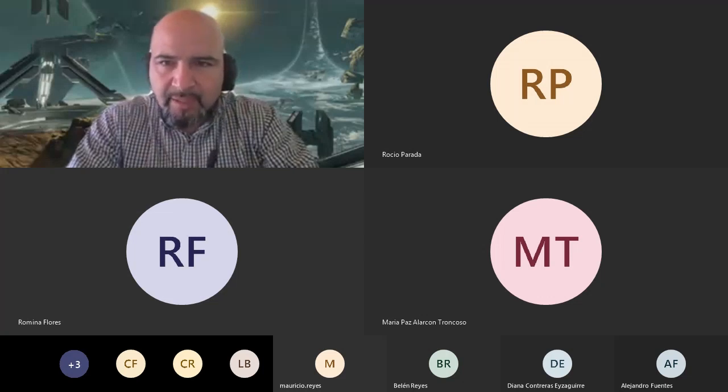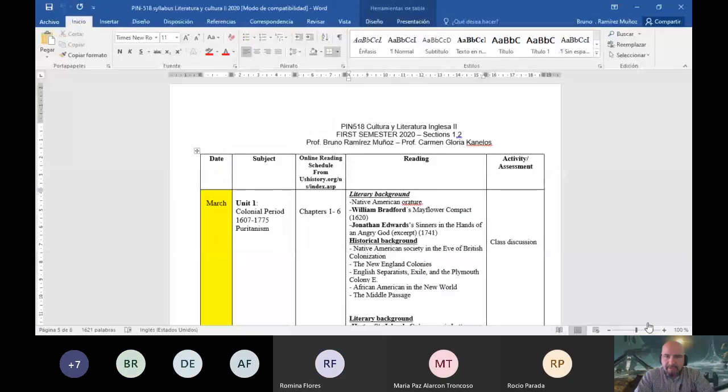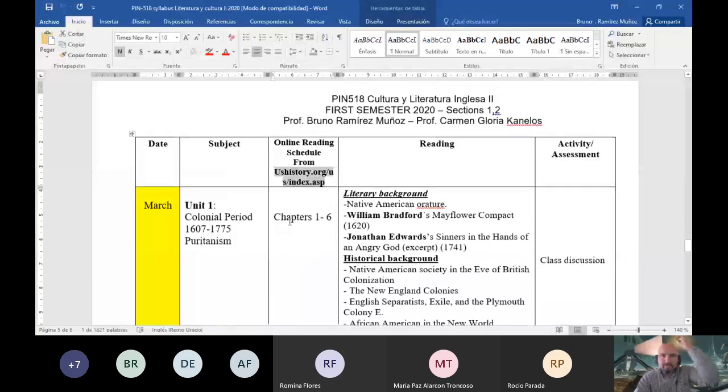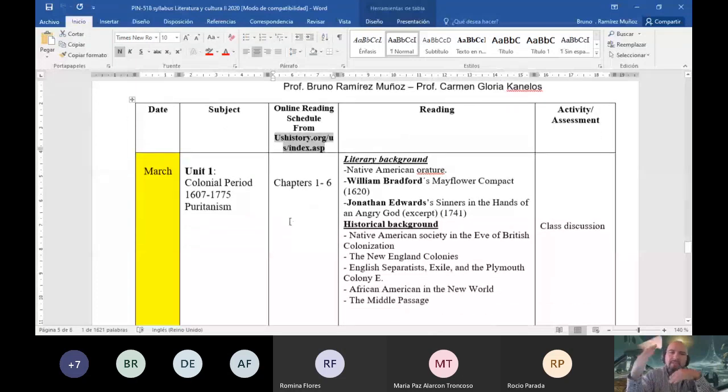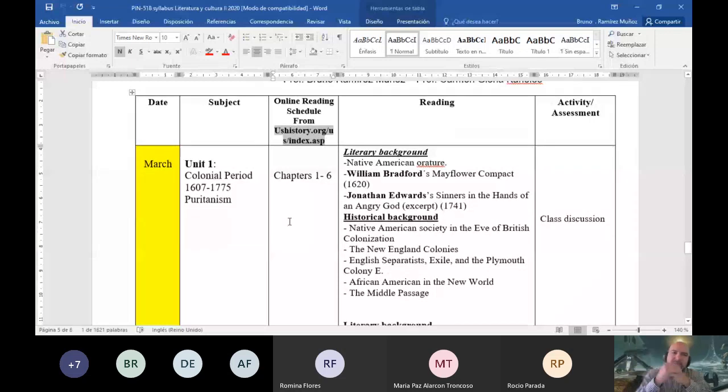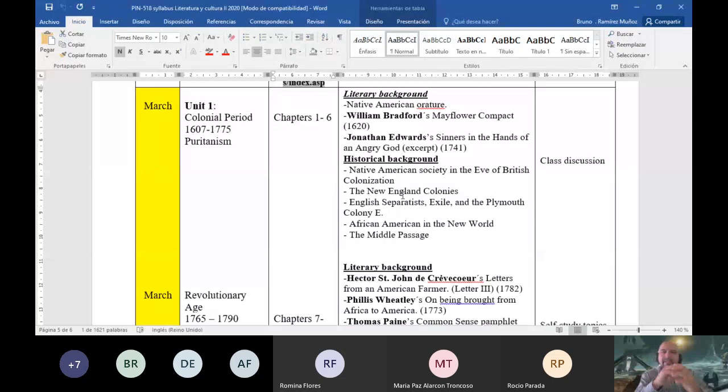I'm going to be sharing the syllabus here, and in the syllabus you can find a link, which is ushistory.org, and I uploaded some links to the LMS in the same section where we are discussing the pre-colonial and colonial period and Puritanism, etc. So if you didn't have time to look at the information provided in this website, which is quite good because it's short, it's not complex, it's quite friendly with the people who don't have much time, and at least provides a starting point.